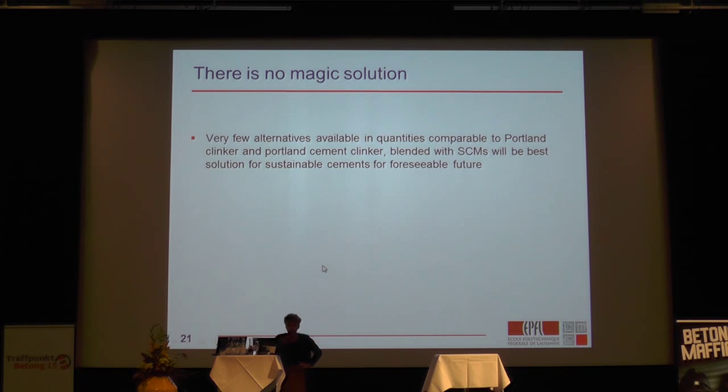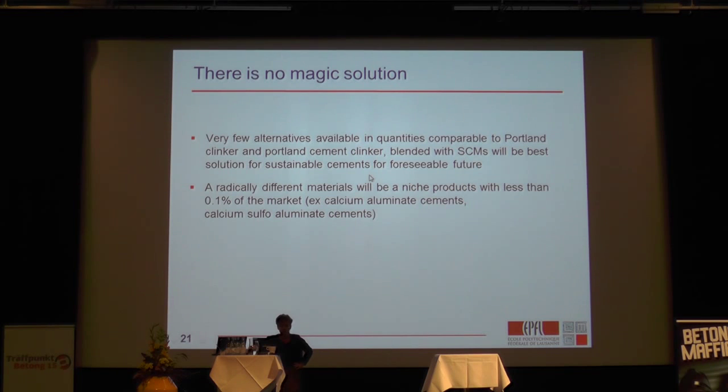There's really very few alternative materials available in the quantities available compared to Portland cement. And many people, every day in the press, you can see this new, supposedly magical solution. And when you analyze it, these are going to be, at best, niche products, which really have no significant impact.